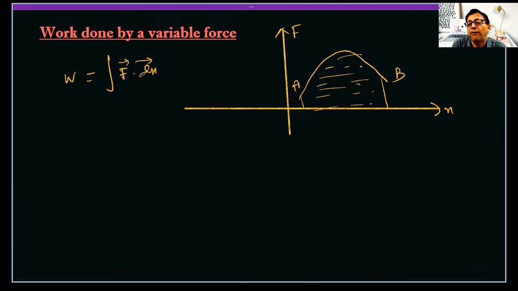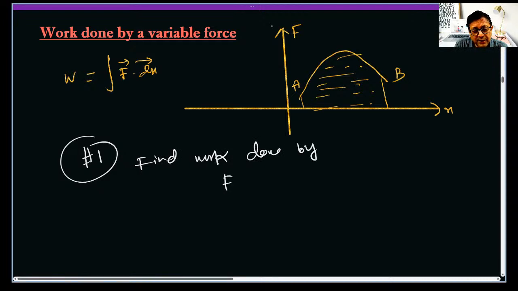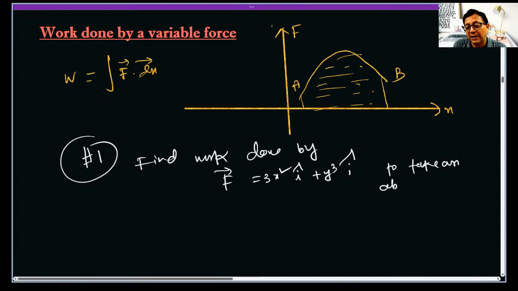Example 1. Calculate the work done. Find work done by F equal to 3x square i plus y cube j to take an object from (2, 4) to (6, 7).